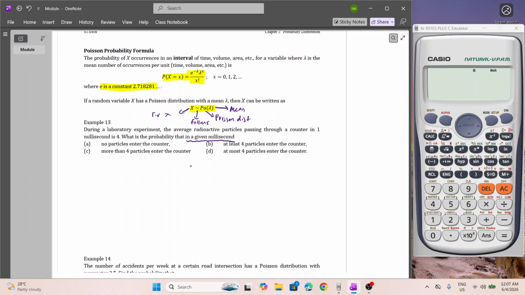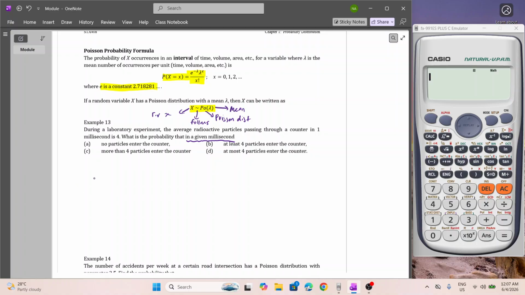So in this example, we can see that there is no fixed number of trials and there is also no success and failure. I mean, there are no two outcomes as in the binomial distribution. Therefore, the Poisson distribution is more suitable for this kind of situation.